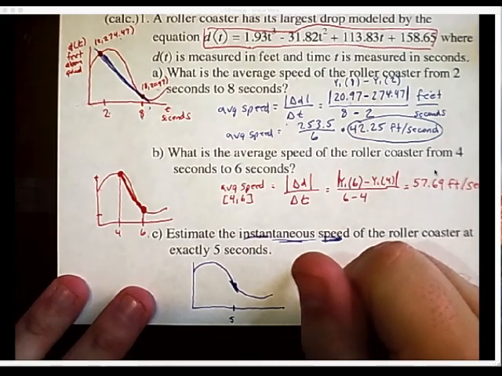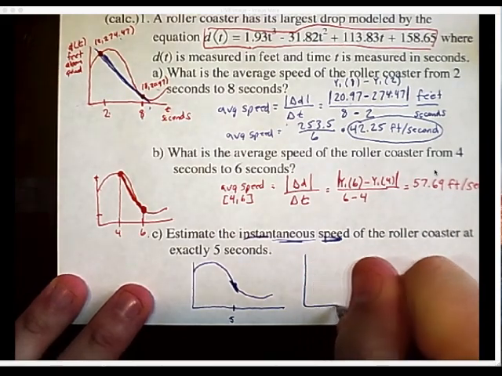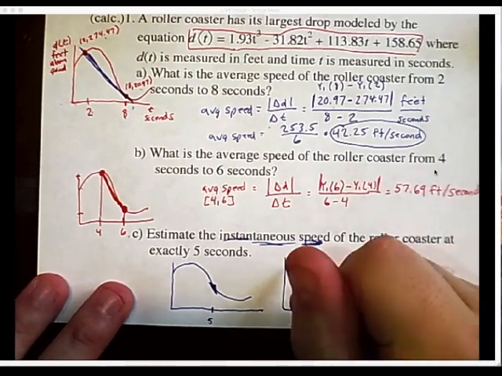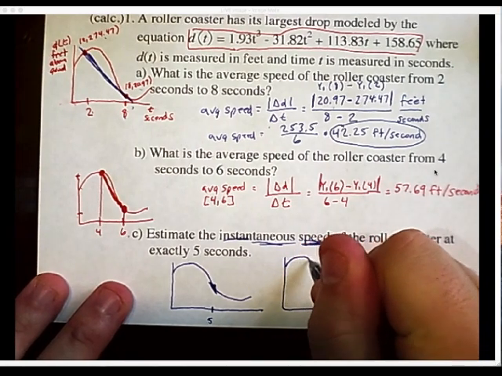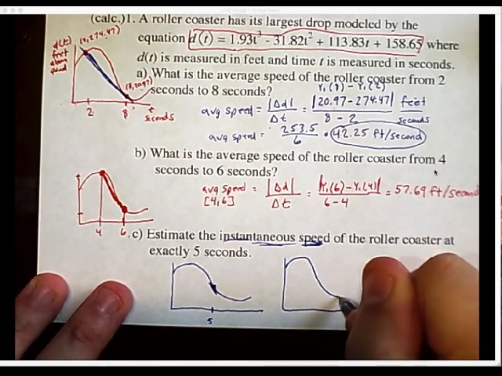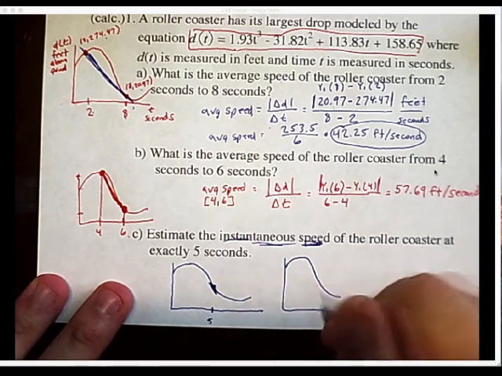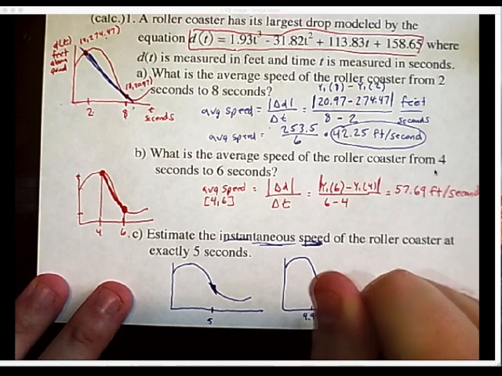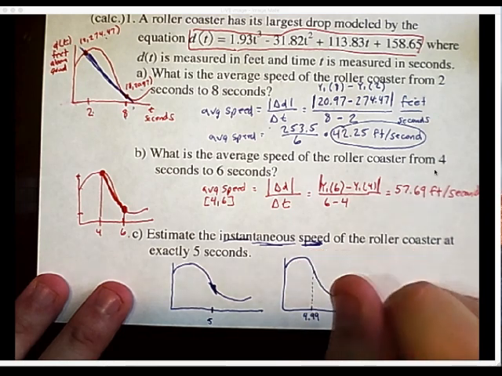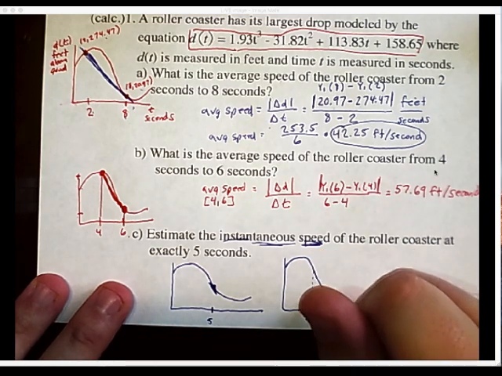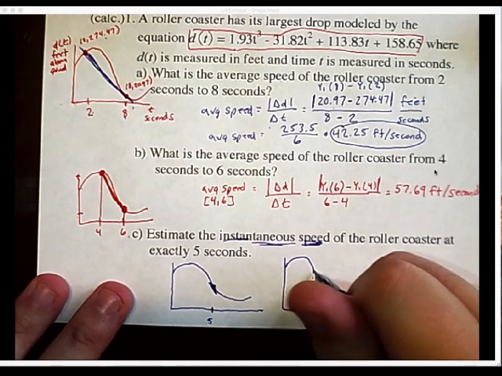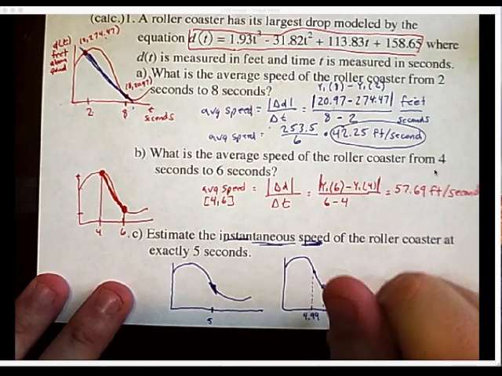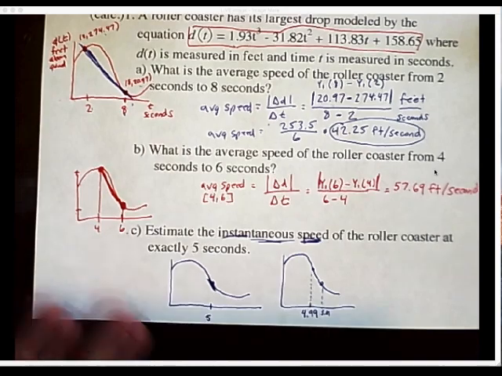But if I can get really, really close on both sides of that, instead of looking directly at 5, what if I get really, really close on one side, maybe at 4.99 seconds, and on the other side, 5.01 seconds?